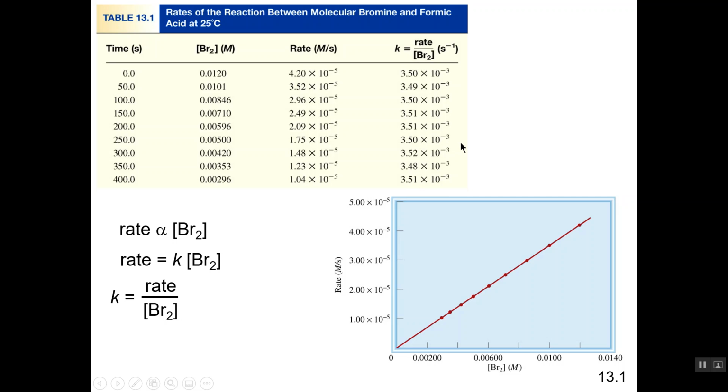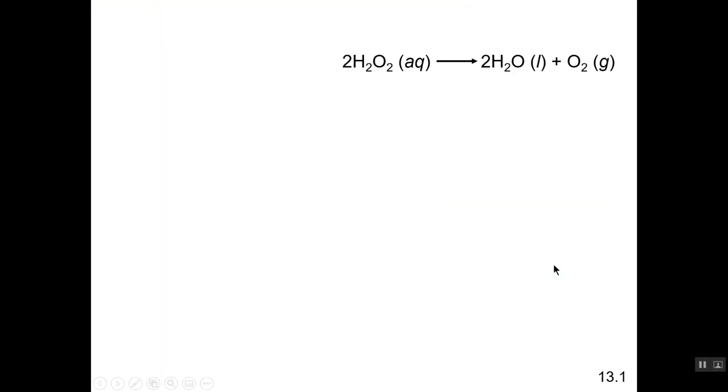That's a very narrow range, and therefore that is pretty much telling us that k is constant for this particular reaction, all right? So that is called a rate constant, as I said before, which is equal to 3.50 times 10 to the minus 3. I think that's the average of all the rate constants that were determined here. Or you can determine that from the slope of the graph that you get here, all right?